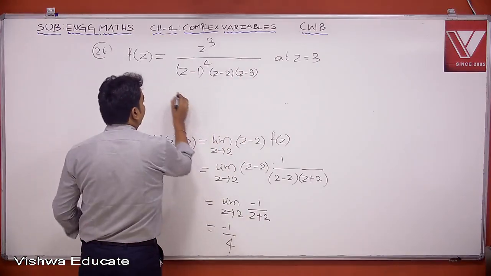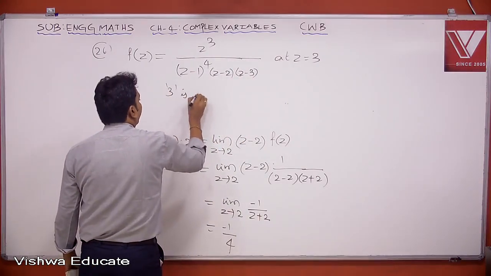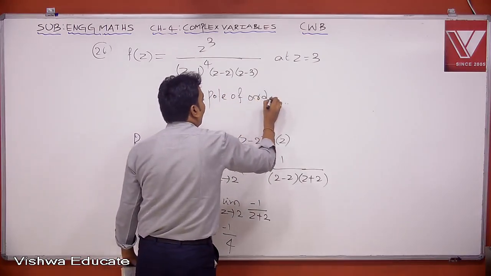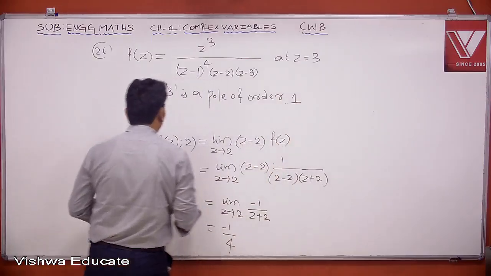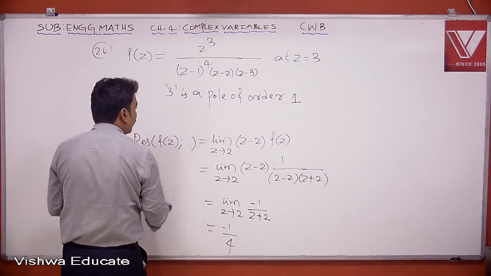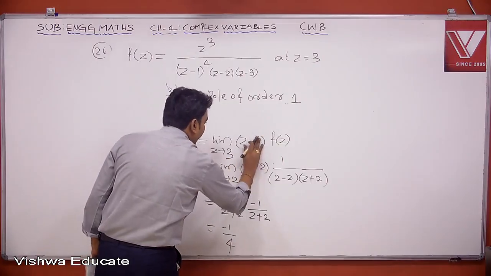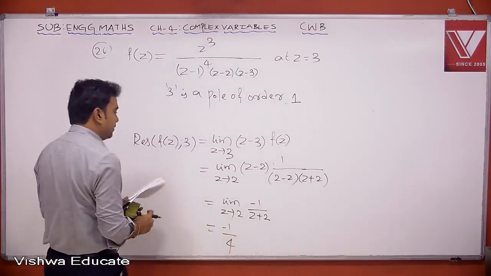Here you can see 3 is a pole of order 1. Therefore, residue of this function at the pole 3 is given by limit z tends to 3 of (z minus 3) into f of z.